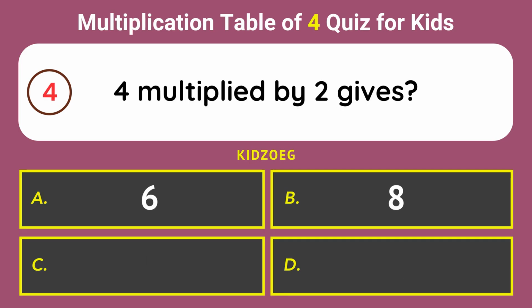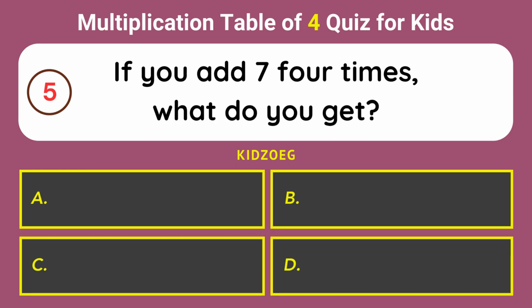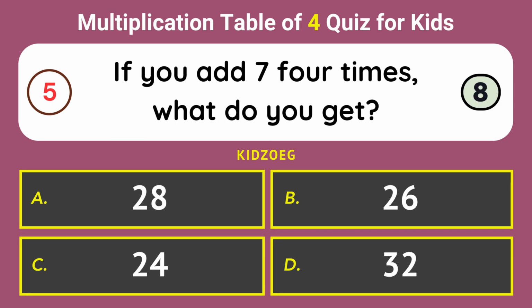4 multiplied by 2 gives? $8. If you add 7 4 times, what do you get? $28.